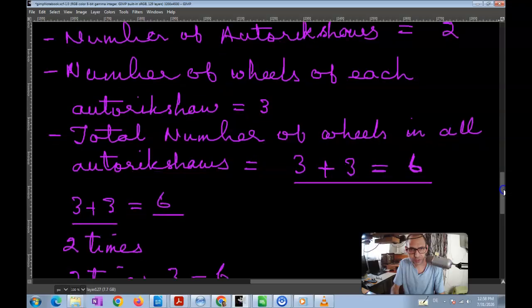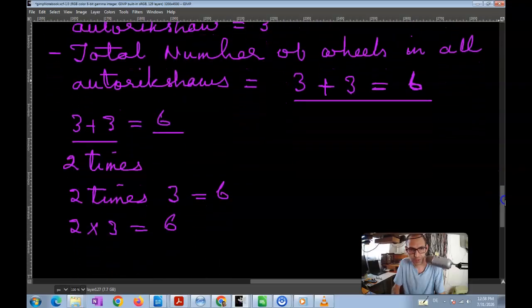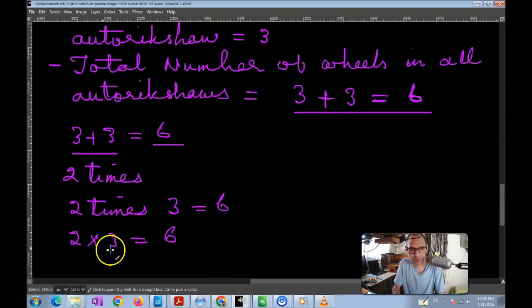In calculating the total number of wheels of the auto rickshaws in this manner, there is still one problem, and the problem is that you still need to do your addition in order to come up with the answer for the multiplication, right? Which is still a weak point in our strategy.